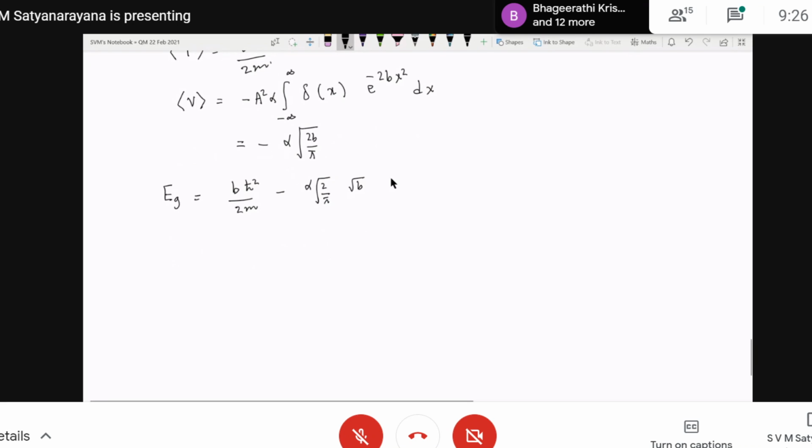Now we have to choose a b that will minimize this E_g. So we ask dE_g by db equal to 0.